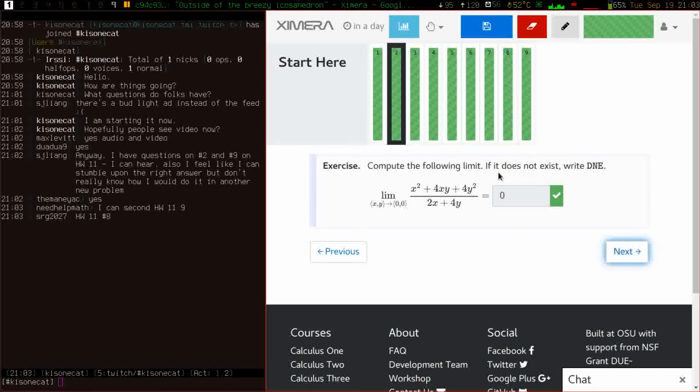All right. So for this problem, it's a shame there's no hints here, isn't it? For this problem, the limit does exist, and one way to see this is that you can factor the numerator.